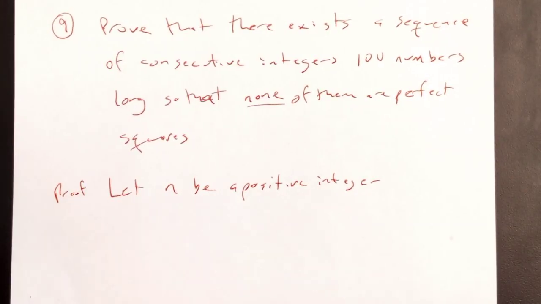So I start with a number, I'm going to square it. But let me think about squares for a moment. If I want to look at numbers in a row and I want none of them to be squares, it means they have to be between squares, right? Like 4 is 2 squared, 9 is 3 squared. So 5, 6, 7, 8 are between n squared and n plus 1 squared.